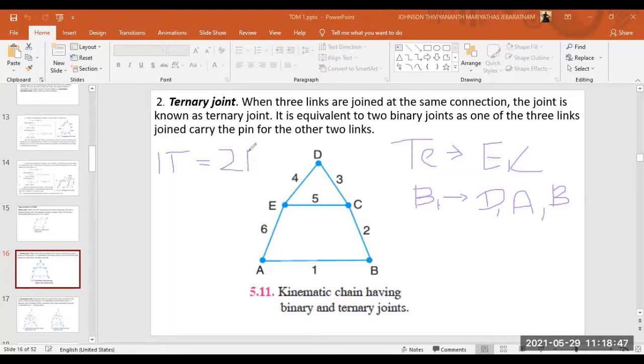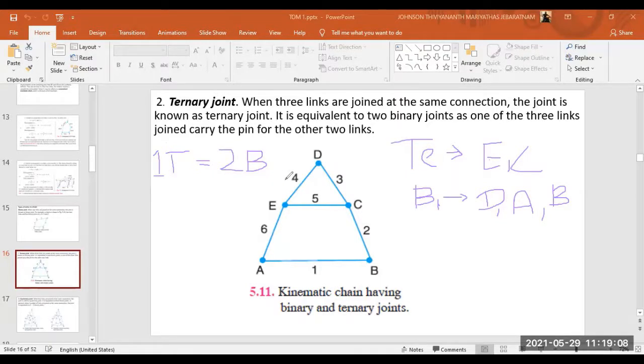We'll see now how this is possible. If I take the point E, where I have DE as one member, EC as another member, and EA as the third member, I have three members. Now I'm going to see how it is equivalent to two binary joints.